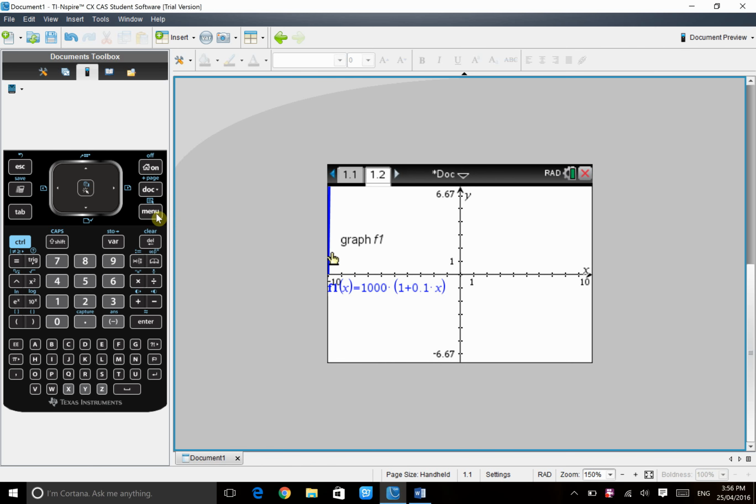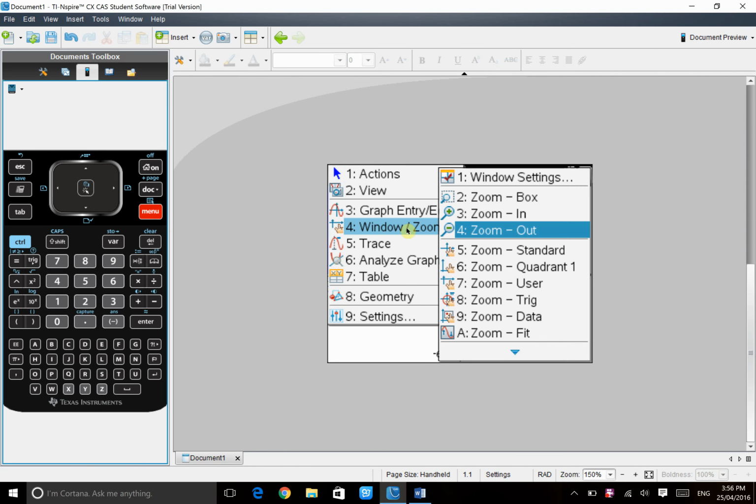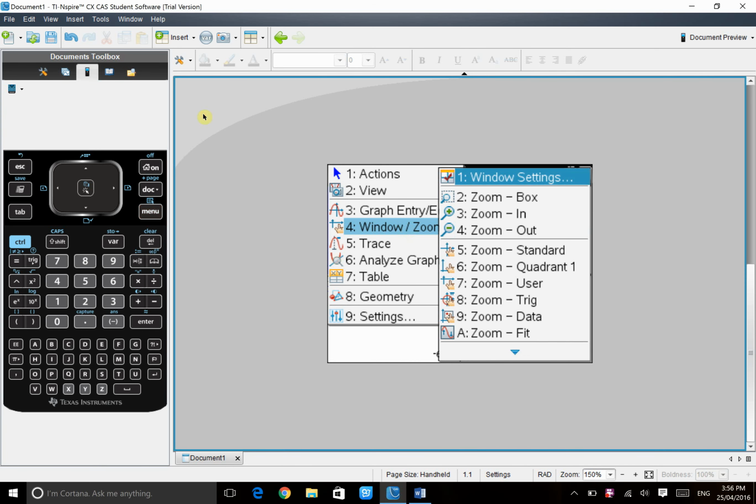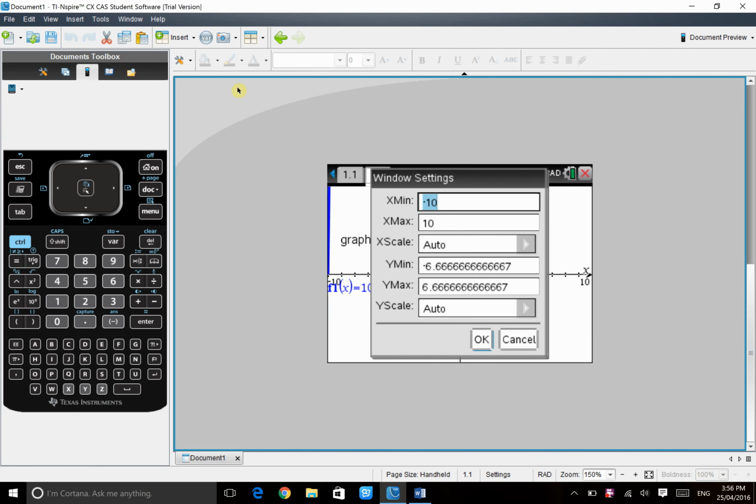Let's press menu, go to number 4, window zoom, and number 1, window settings. Let's change the x and y maximum and minimum. I don't need my x minimum to be really negative, because time cannot be negative. So let's start from 0. Let's make the x max 10.